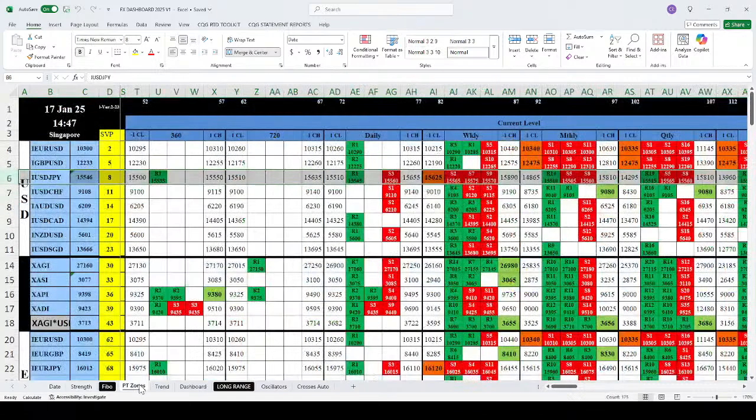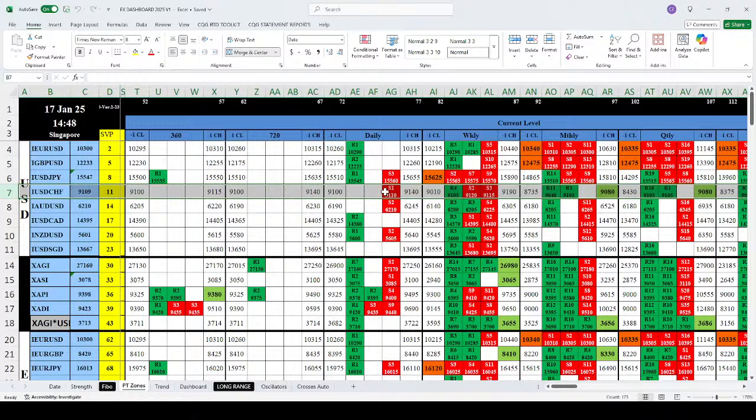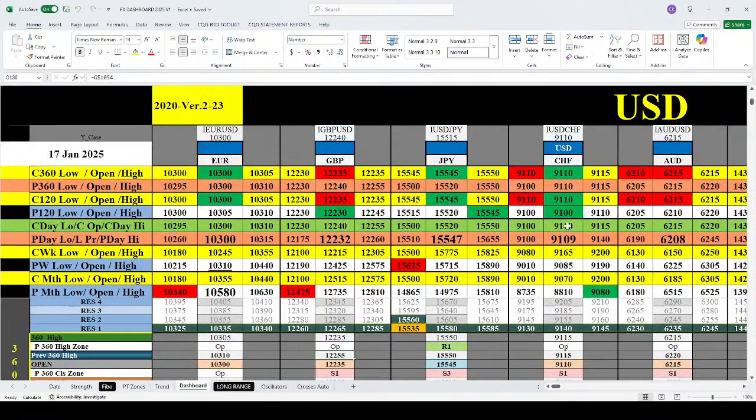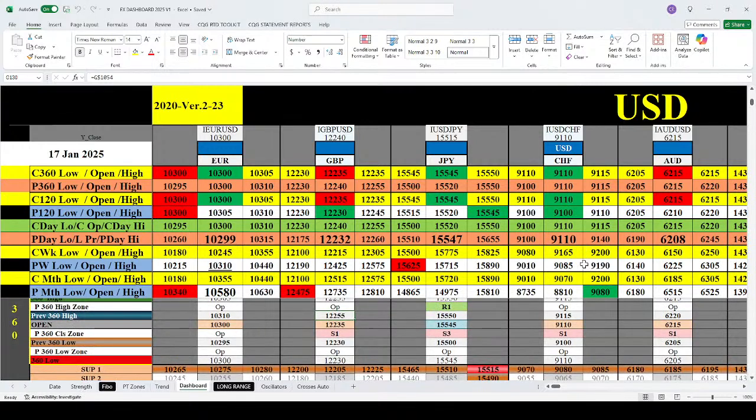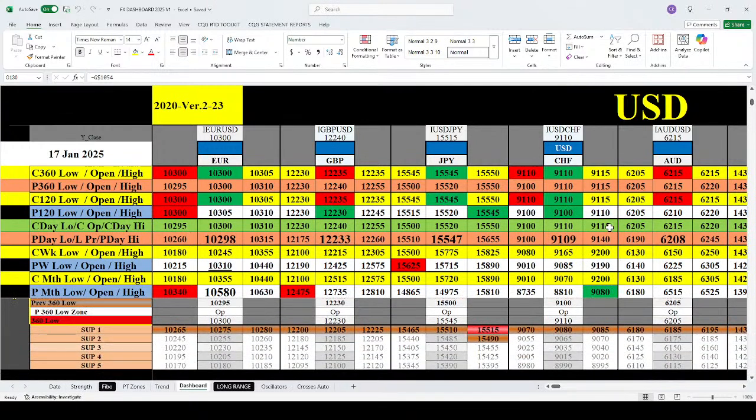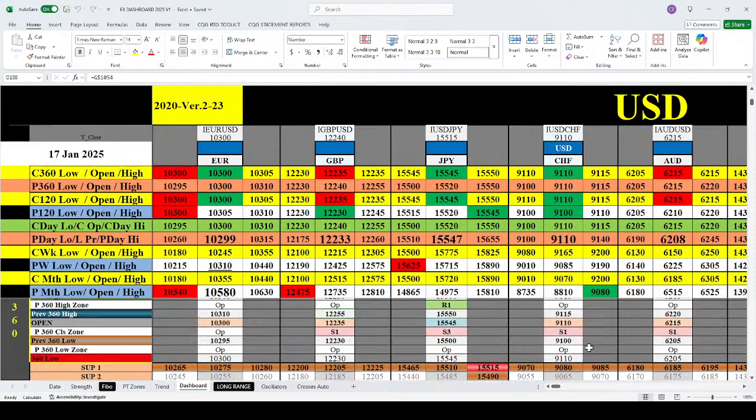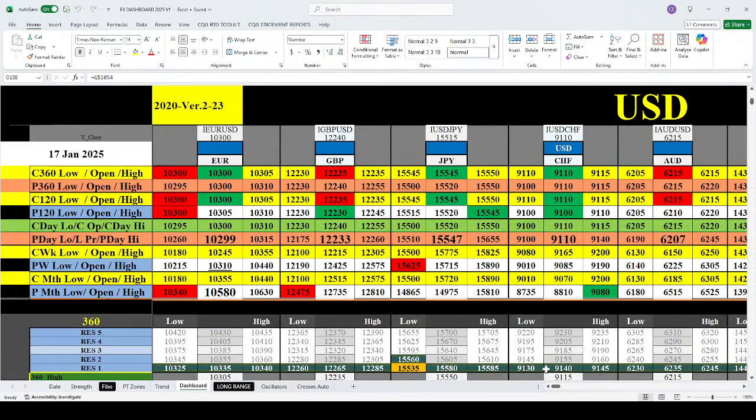Now let's look into the dollar Swiss. Flat, flat, flat. Daily is pointing down. Weekly we have two selling forces and one strong buying force. So this is also a mixed signal. Finally we go into the dashboard. Market is trading at 91.10, and remember we should be selling near 91.40. So we can sell at either 30 or 40.